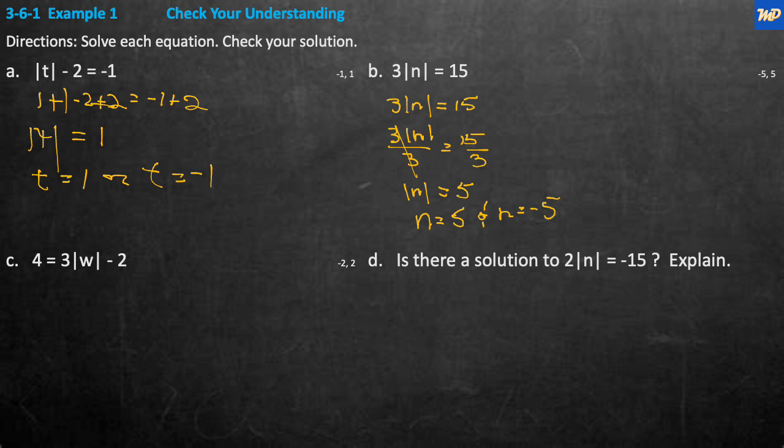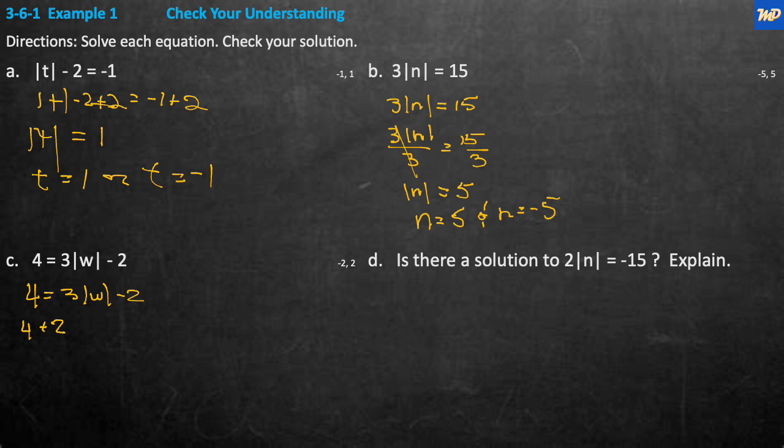And how about this one here? 4 equals 3 times the absolute value of w minus 2. As we said before, as in equations, you undo the addition and subtraction first. So 4 minus 2 over on this side means plus 2.